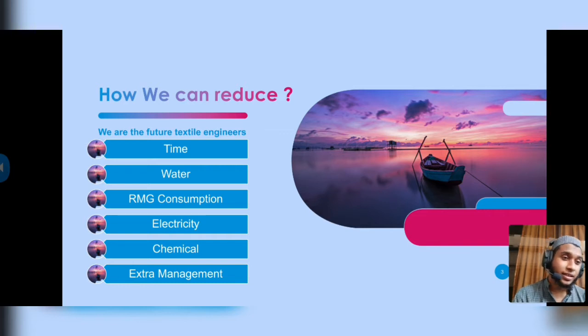Then RMG consumption, we can reduce RMG consumption. Reducing it means that sometimes we are wearing many dresses a day. When our Eid festival occurs, in the morning people wear a dress. In the evening, when they go outside, they wear other dresses.